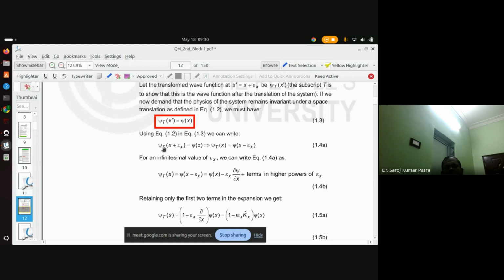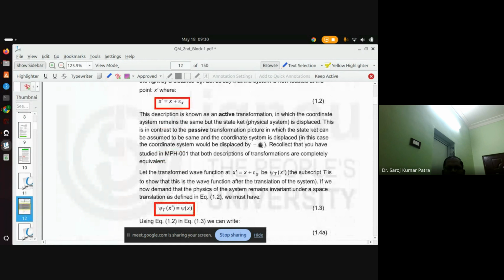So psi t x plus epsilon x equal to psi x. This implies psi t x must be equal to psi x minus epsilon x. This is because of this argument where it says that it is active transformation and this is passive transformation. But overall, it is the same event which we are talking about.